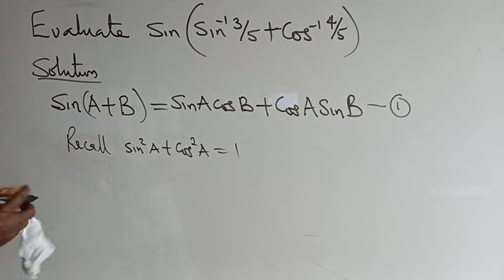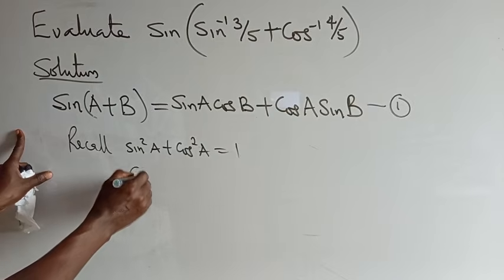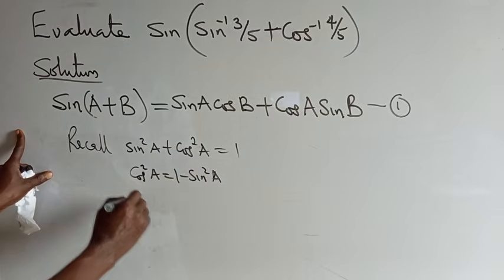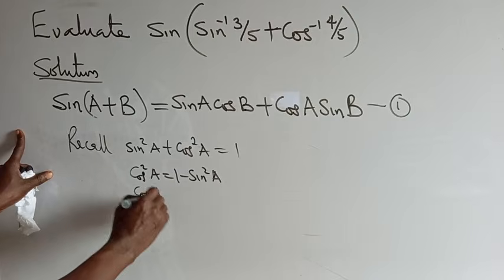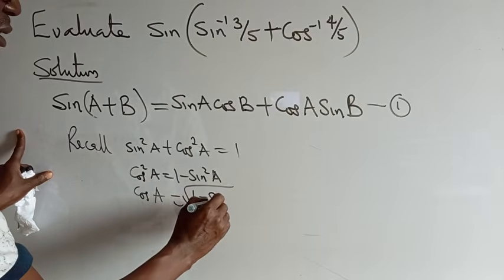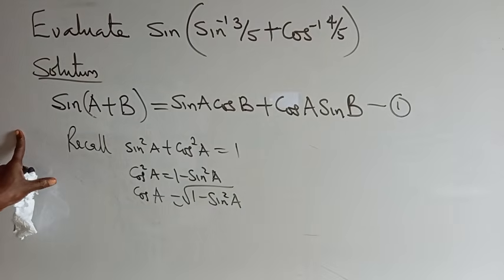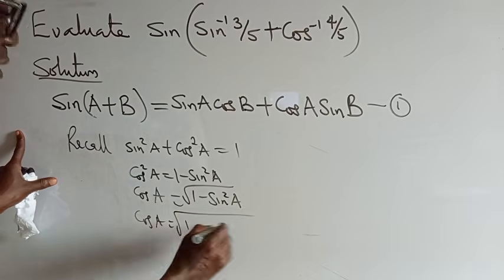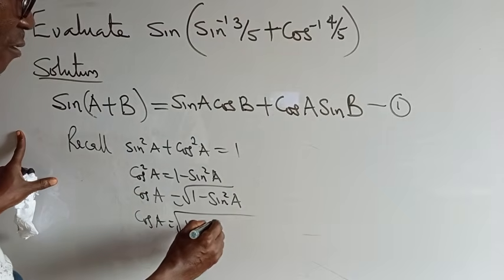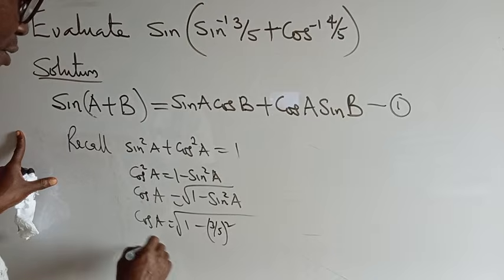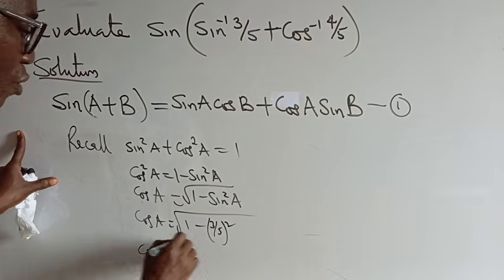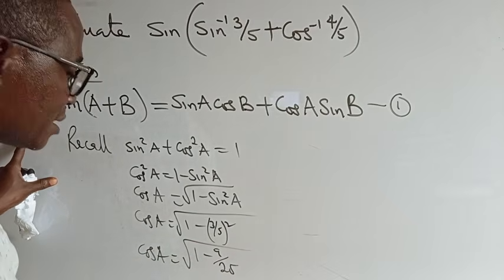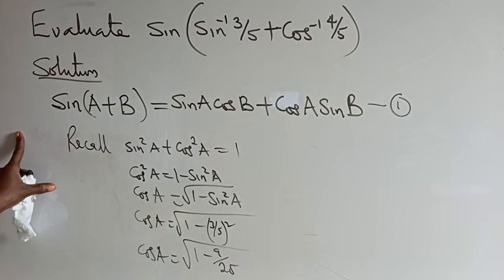So cos square A will be 1 minus sine square A. Finding the square root of both sides, cos A will be the square root of 1 minus sine square A. Sine square A is 3 over 5 squared, so cos A is the square root of 1 minus 9 over 25. We find the LCM, which is 25. I hope you are following.